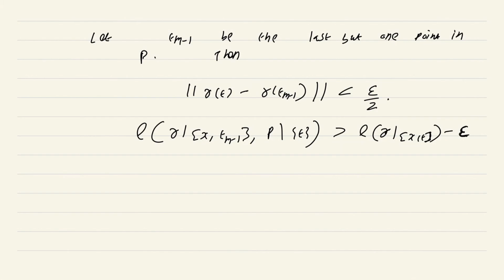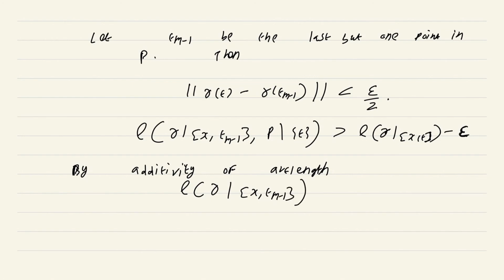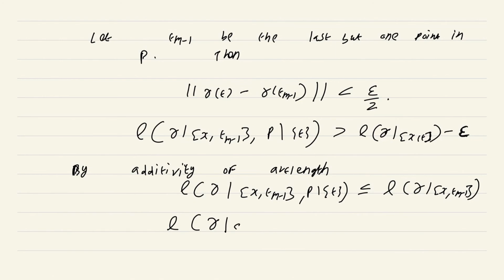Okay. Now, by additivity of arc length, and the fact that the length of gamma restricted to [x, t_{m-1}] with respect to the partition P minus t is less than or equal to the length of gamma restricted to [x, t_{m-1}], combining additivity of arc length with this fact, we can conclude that the length of gamma restricted to [t_{m-1}, t] is at the max epsilon.